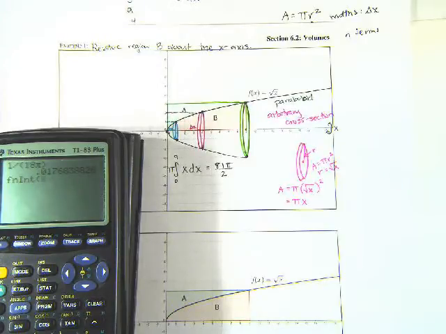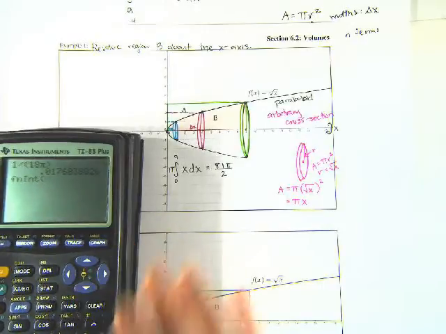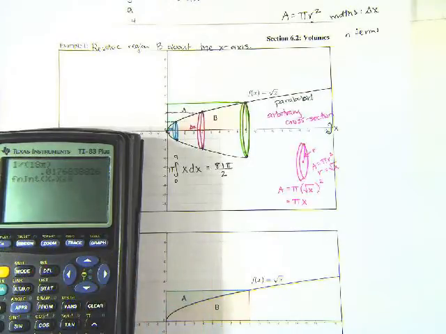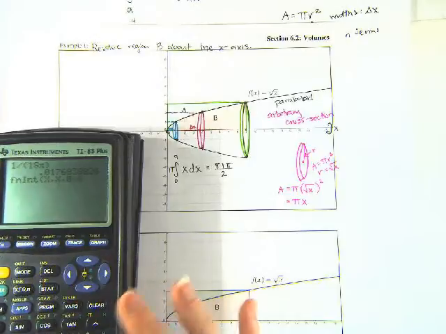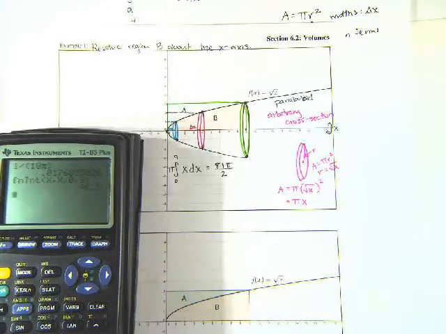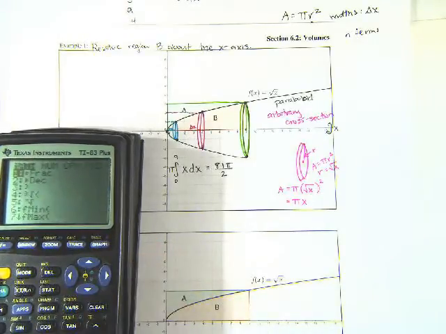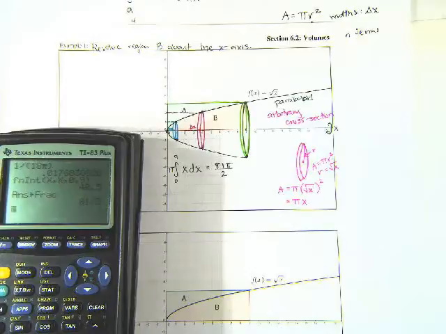Pi can't be written as a fraction, so we don't want to do the pi part yet. So you do just x, comma x, which seems redundant, but you're integrating x with respect to x from 0 to 9. Enter, and it gives you 40.5. So now we're going to convert that to a fraction by going to math, fraction. So we get 81/2. Now we'll multiply that by pi, so 81 pi over 2.